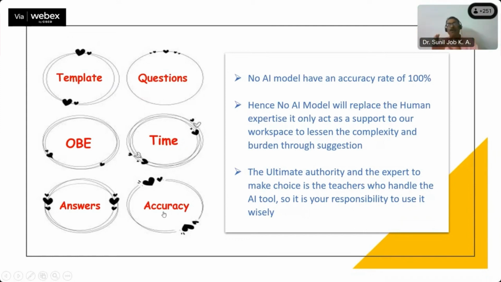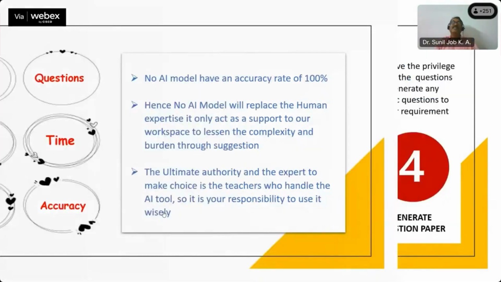I repeat, all these tools only act as a support to your workspace, to lessen your complexities and burden through suggestions. The ultimate authority and expert to make the choice is the teacher who handles the AI tool. So the responsibility is yours to use the tool wisely.